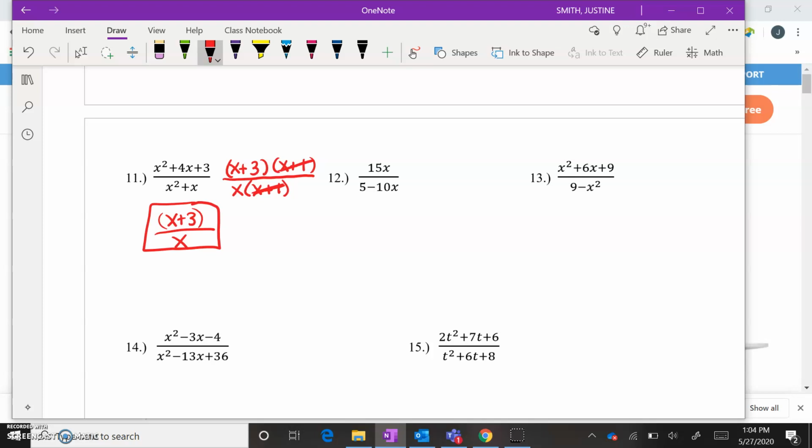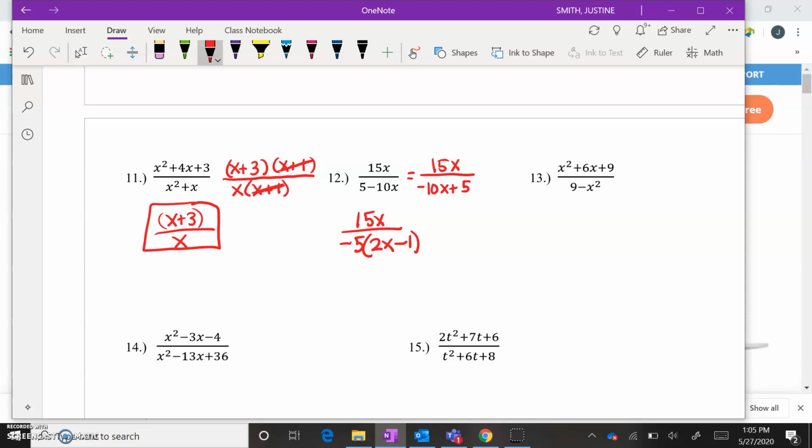Number 12, we're going to rearrange the bottom here to put it in standard form. Also in the denominator, you can take out a 5. I'm going to take out a negative 5, so I can make this a positive 2x minus 1. So again, you always want to try to make that first term positive.